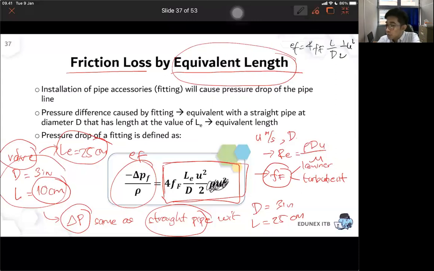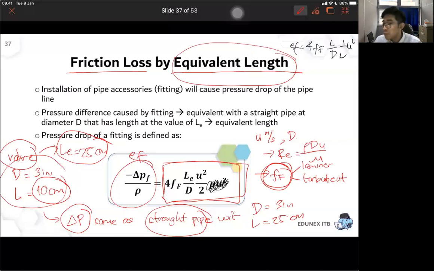So you just use the same equation as the calculation of EF of the straight pipe. It means you need to calculate the friction factor first.